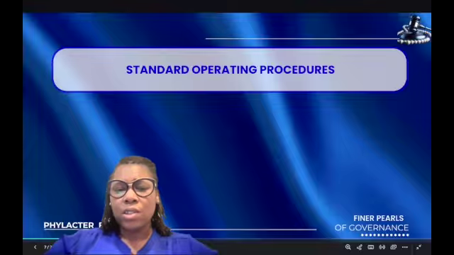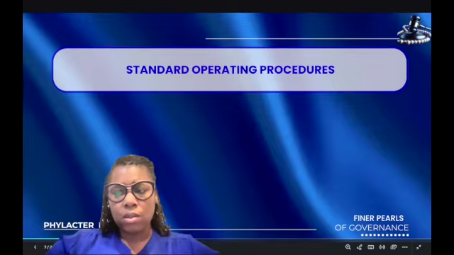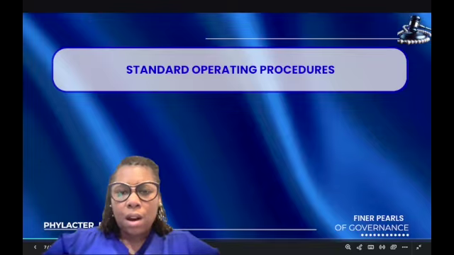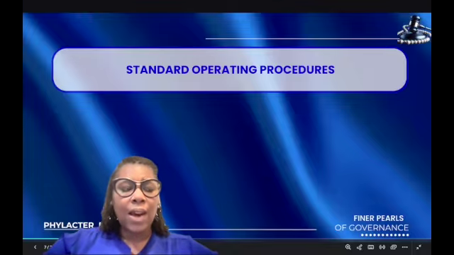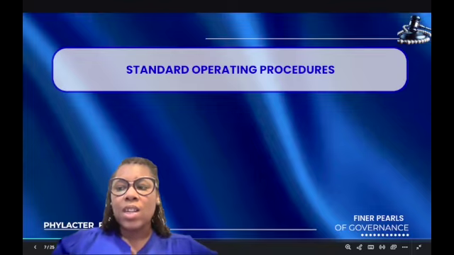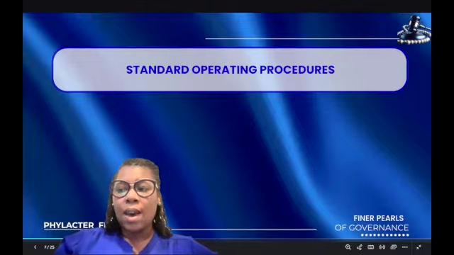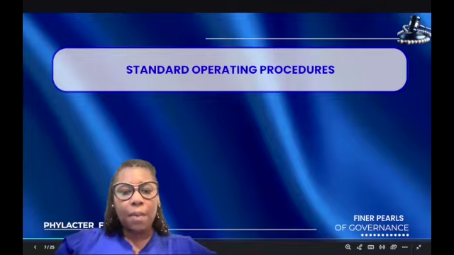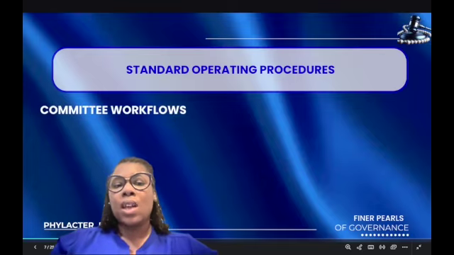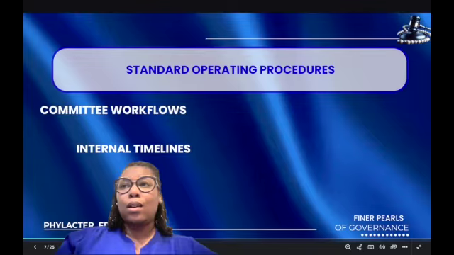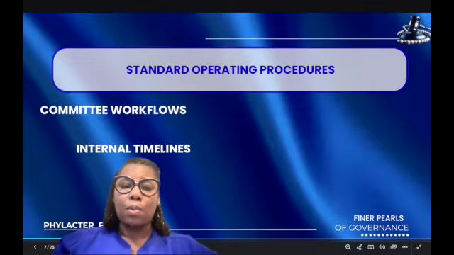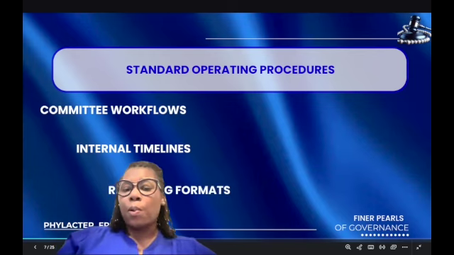Next, what are your standard operating procedures? Your bylaws define structure. Your SOPs define the execution. They should answer the question, how do we carry out what the bylaws establish? So it should have your committee workflows, your internal timeline, like exactly the time of the month that the chapter is going to meet, and reporting formats.